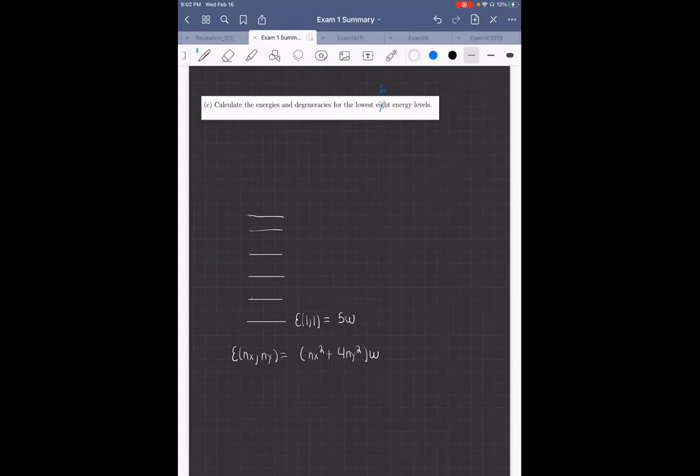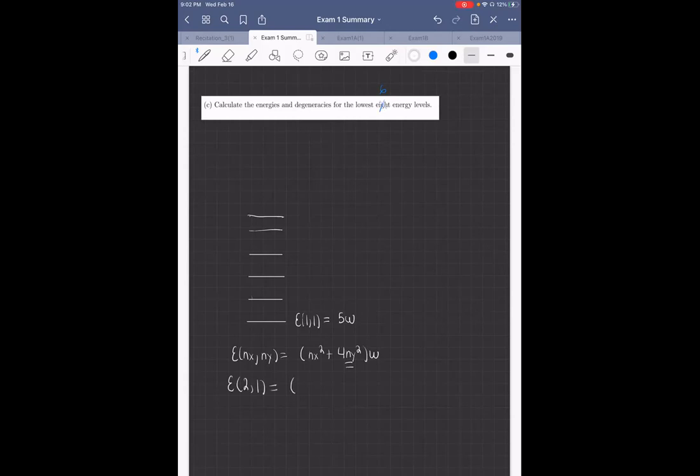So in this case, nx squared is not multiplied by anything. It's not multiplied by 4 like the other one here. So I would increase it by 1 for the next energy level. So I do E of 2, 1. And that's always the next energy level.